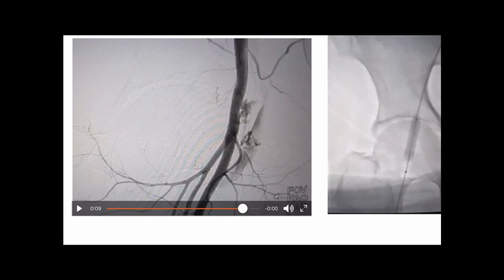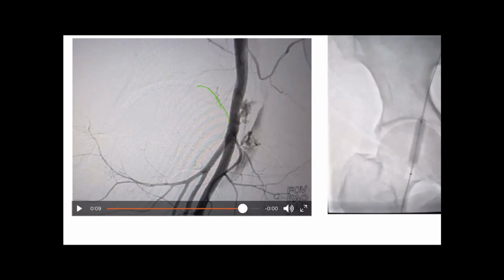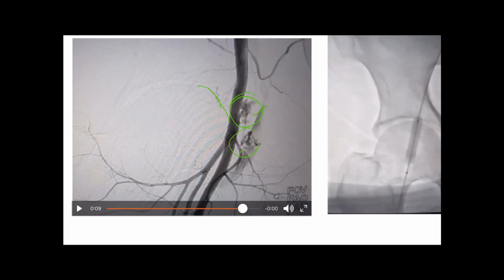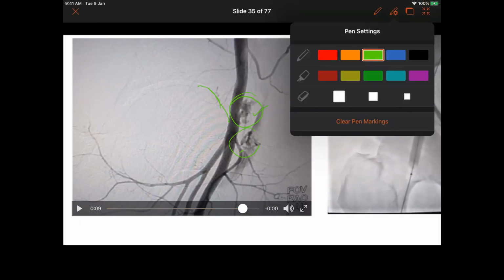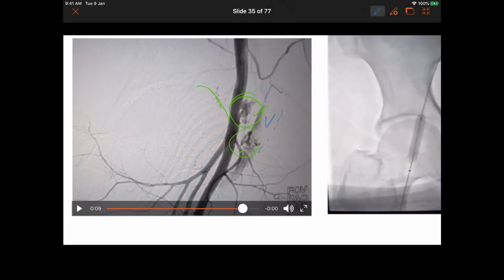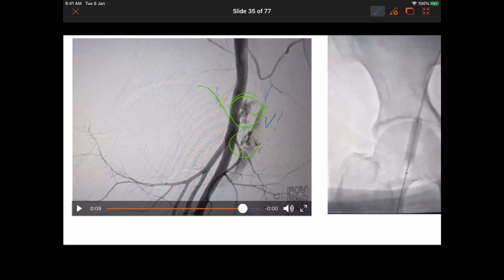If you see here, this is the femoral head, and you can see the leak here and a leak here, maybe from this small branch, and you can also see the vein filling up. So definitely there had been multiple punctures, most likely needle punctures.